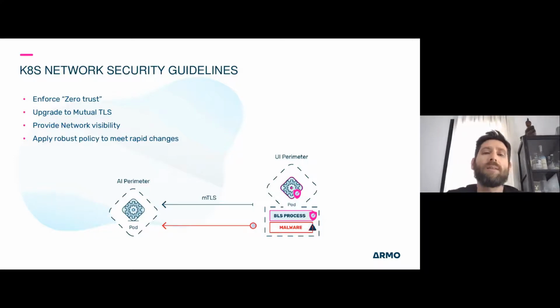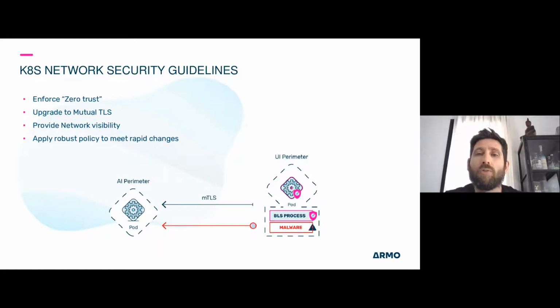Okay, so what would I suggest users do when it comes to network security in Kubernetes? One important thing is to enforce zero trust. Since we know that each pod is its own perimeter, and there are a lot of pods in every environment, we do want to be able to enforce zero trust.